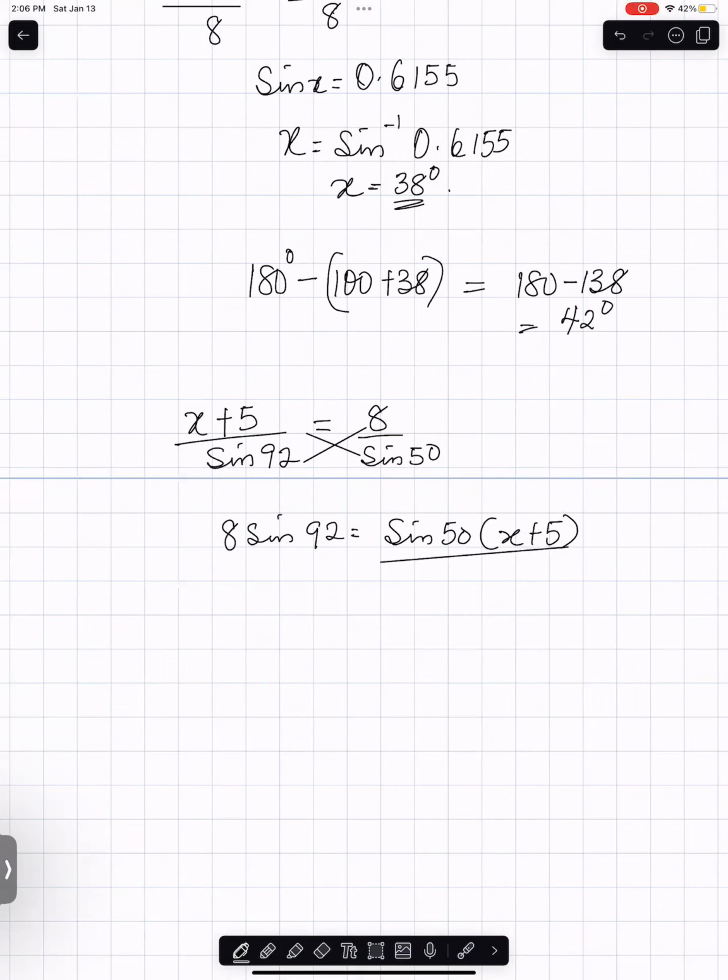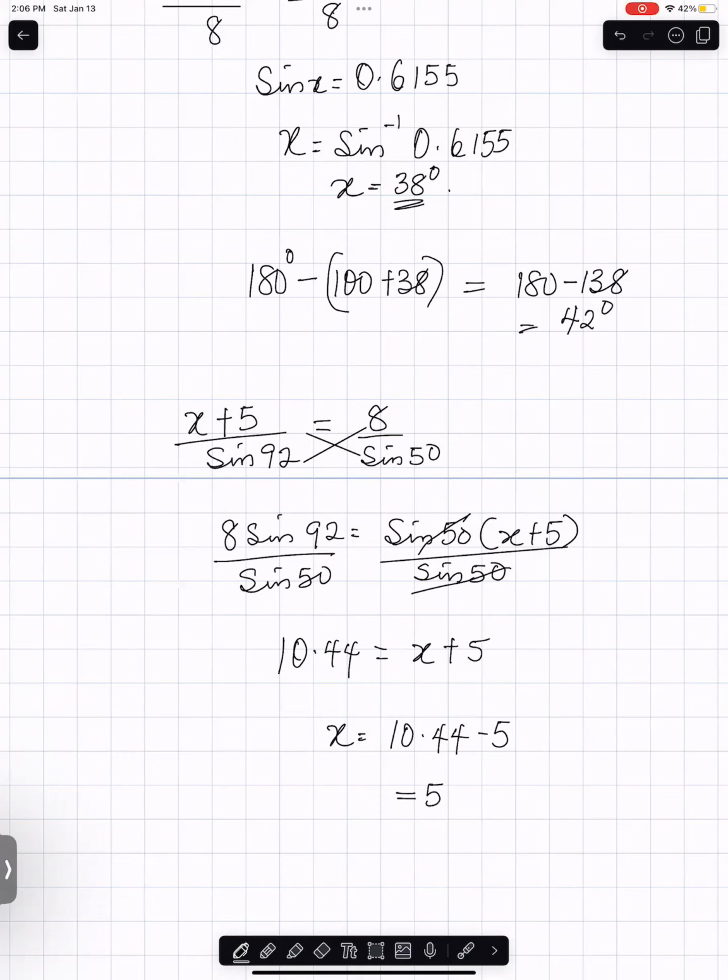So divide both sides by sine 50 degrees. So we have 8 sine 92 divided by sine 50 gives 10.44. So we have 10.44 equals x plus 5. So x becomes 10.44 minus 5. Our x is 5.44 centimeters.